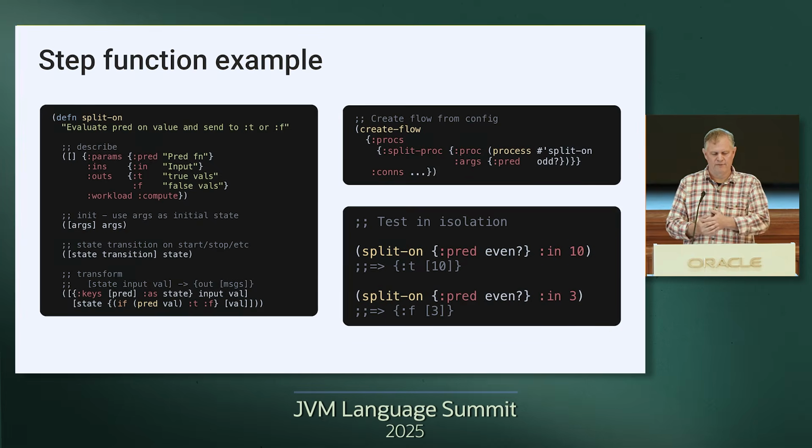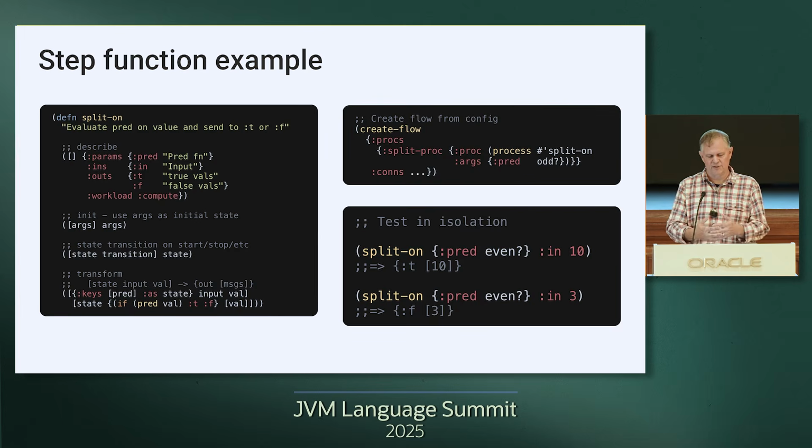This function is going to evaluate a predicate on its input value and send it to either a true channel or a false channel. So its input is one named in. It has 2 outputs, which are T and F, and it's going to run on a compute workload because it's not doing any I/O.